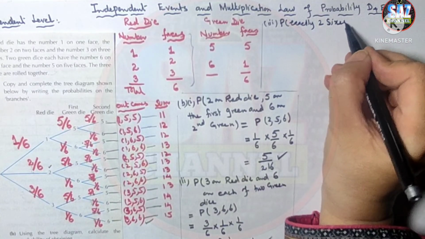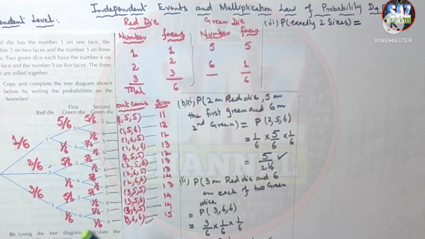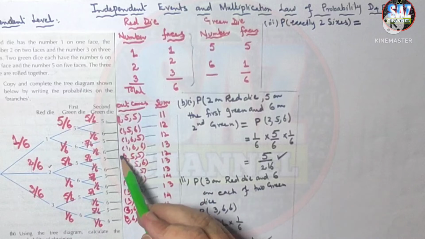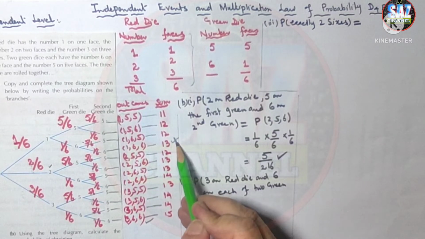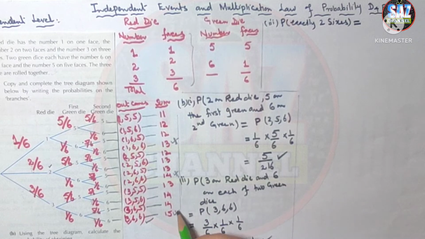First move into the outcome column and see where we can get 2 6s. We are getting them here, then at this place, and at this place.